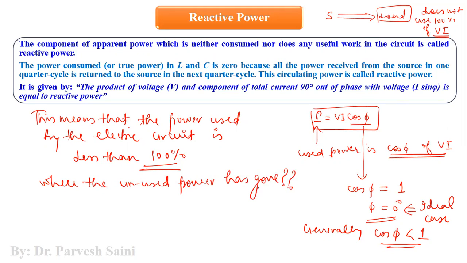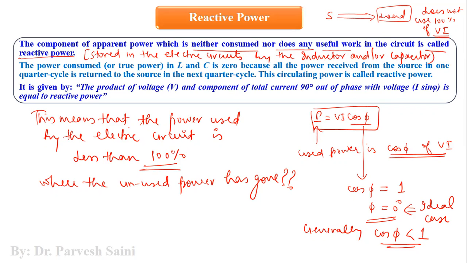This is the question here. Now that unused power, which is neither consumed nor used for any purposeful work, is called reactive power. This power is actually stored in the electric circuits by the inductor and or capacitor.